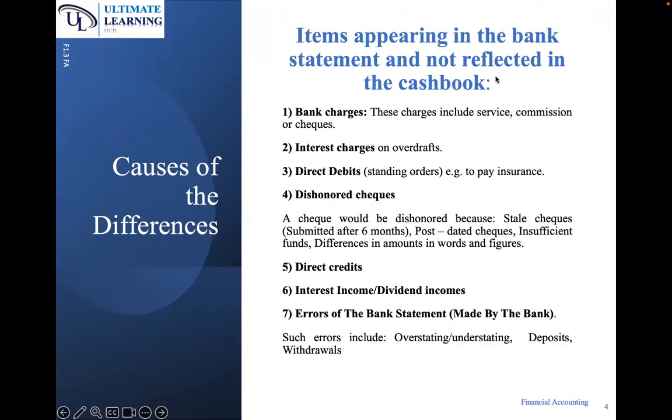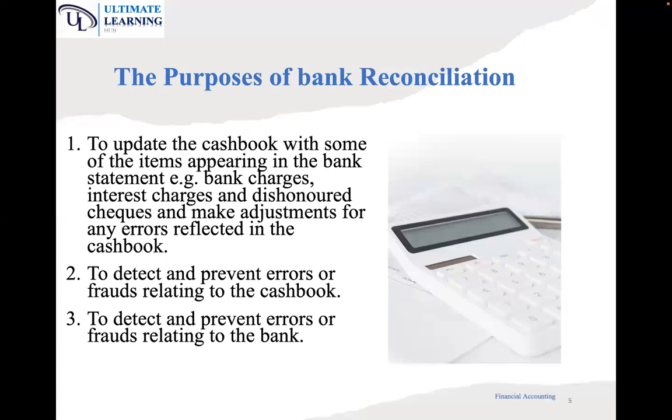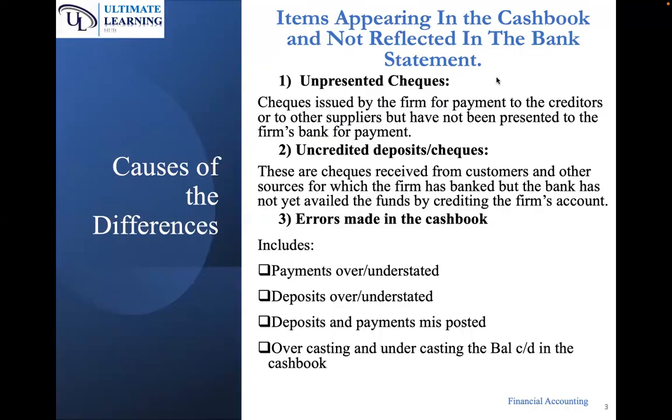If we start with these items appearing in the cash book and not reflected in the bank statement, the first item is number one, unpresented checks. An unpresented check is a check issued by a company to a particular supplier or creditor, and the supplier or creditor has not submitted the check to the bank.